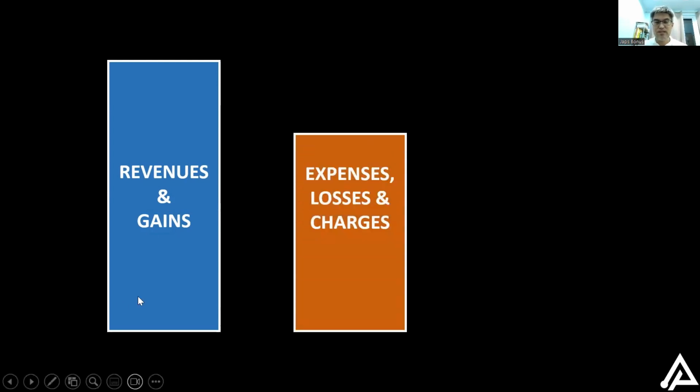We also see in the income statement all the expenses incurred by the company. For example, in a merchandising business, the cost of sale is also an expense. Likewise, all other losses and charges are presented in the income statement. Now, looking at this, there is a differential. Basically, the goal of any business is to generate as much revenue by incurring as little expense as possible.